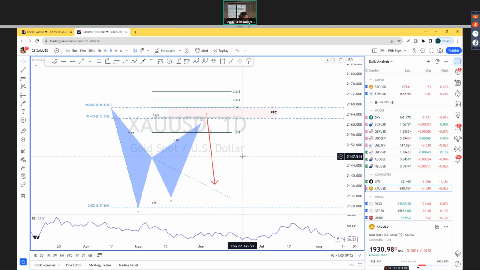Your BC extension is not right. Which BC extension? This pattern? You mean this one? For which pattern? You mean for this bad pattern?